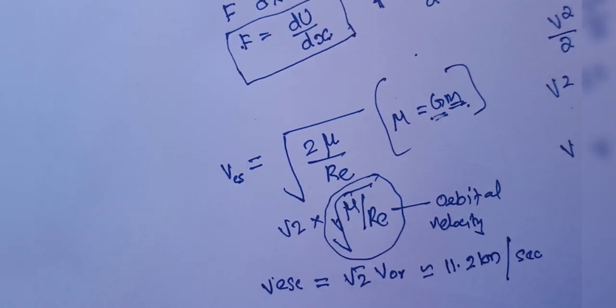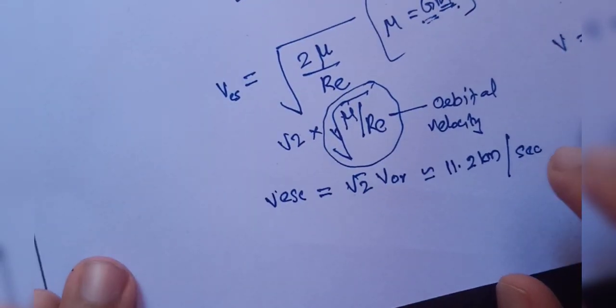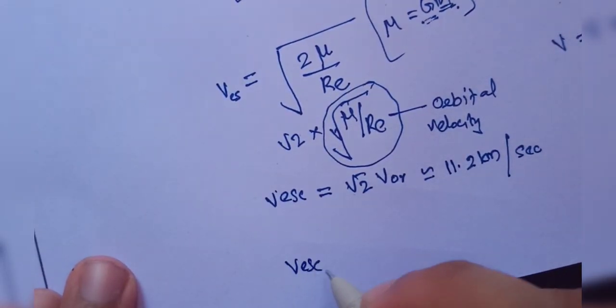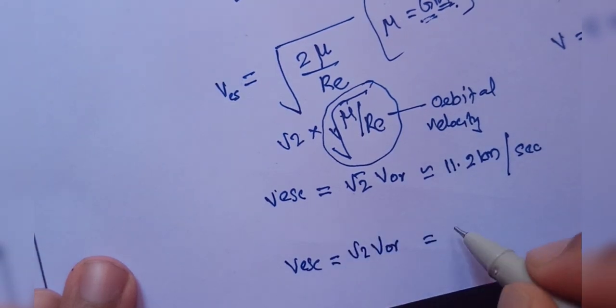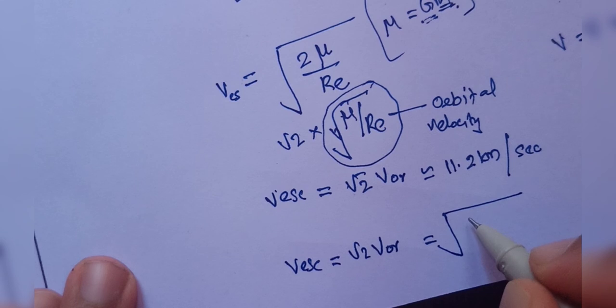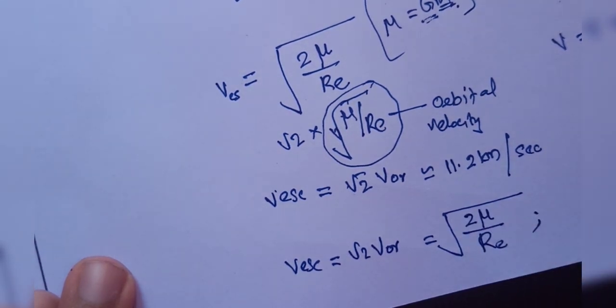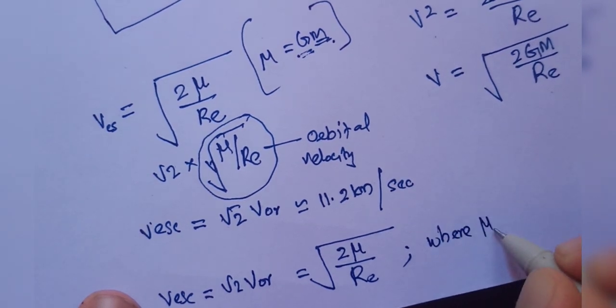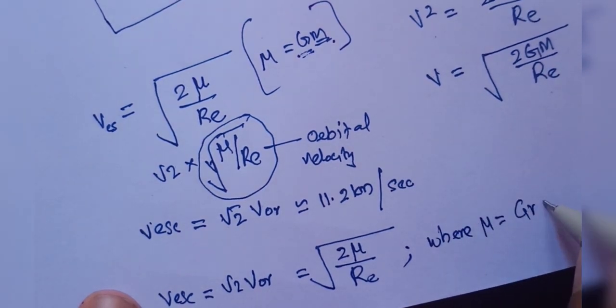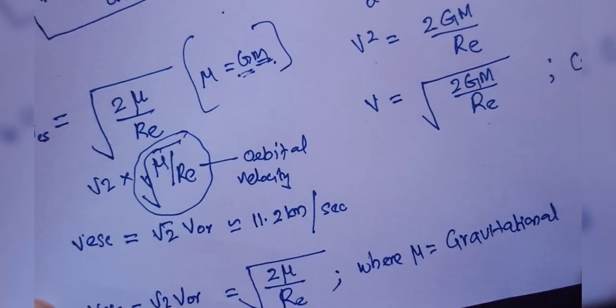Okay, so now we have the final expression for v escape, which is root 2 times v orbit, which is equal to the square root of 2 mu by re, where mu is the gravitational parameter.